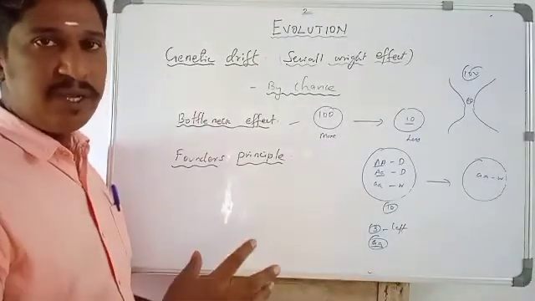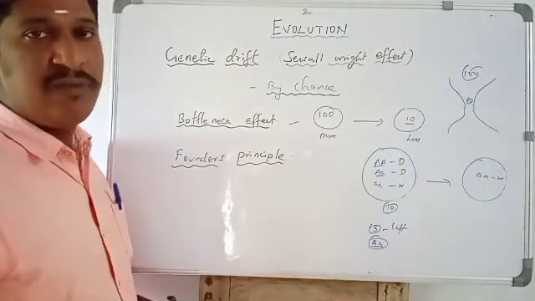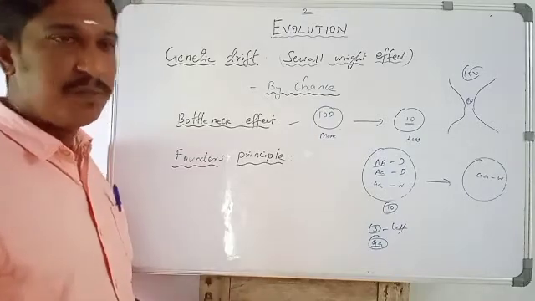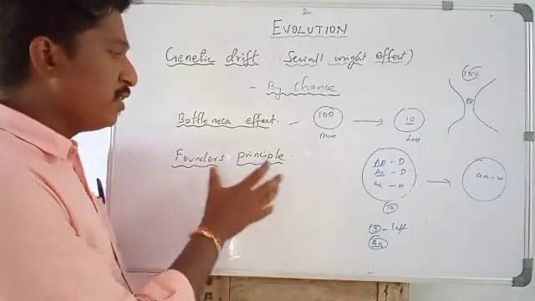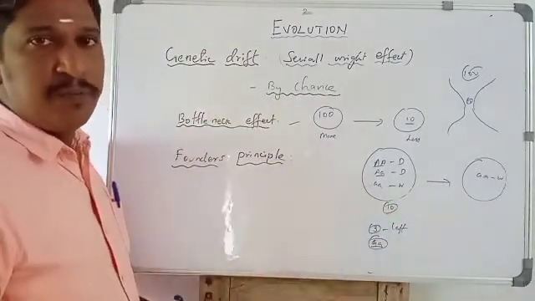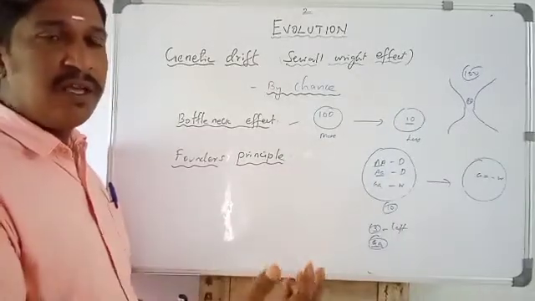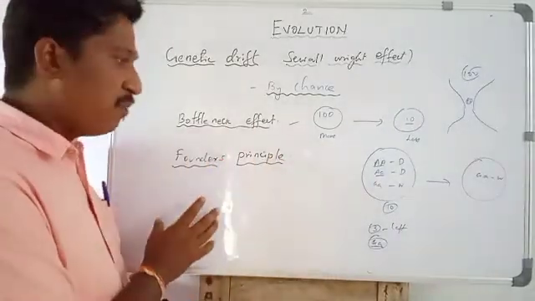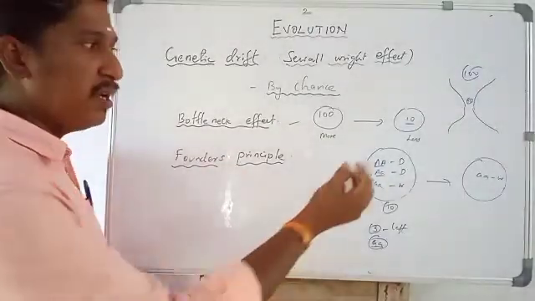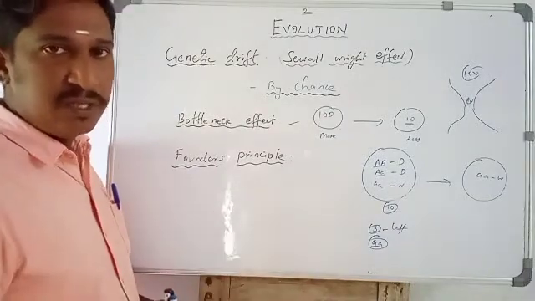The newly formed populations entirely differ from the original population, because the original population has a high number of genetic variations, but the newly formed population has only a low level of gene frequencies.